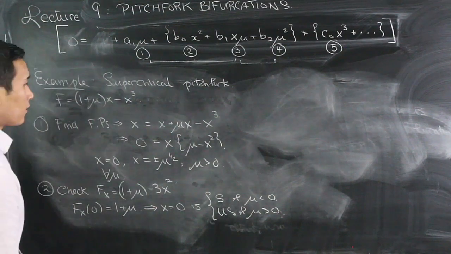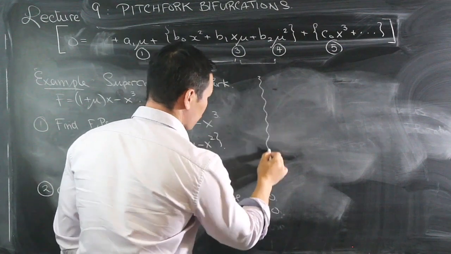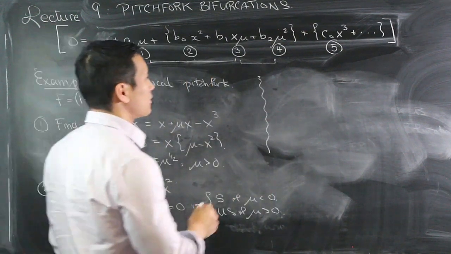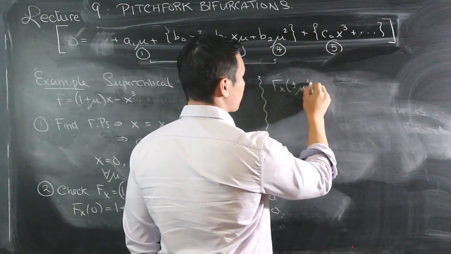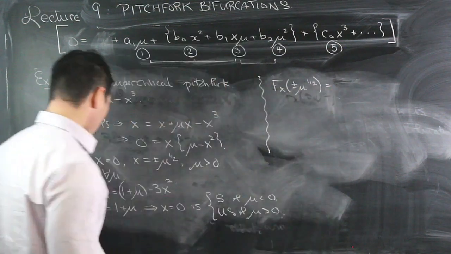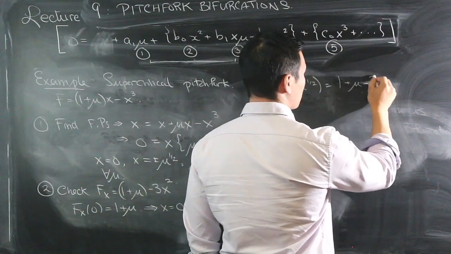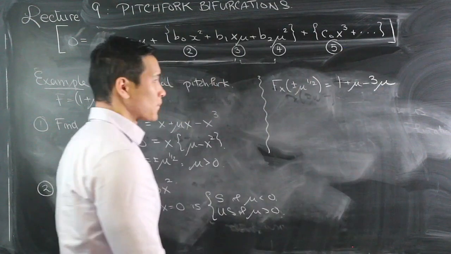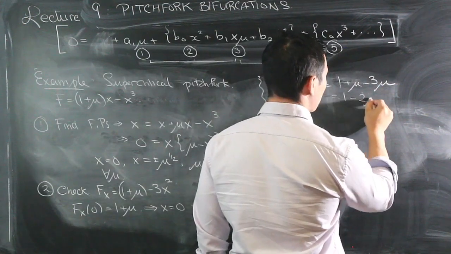Then we've got our second fixed point. We'll do both of them together. We've got f prime at plus or minus mu to the 1/2. That's 1 plus mu minus 3 mu times mu. So that's basically 1 minus 2 times mu.